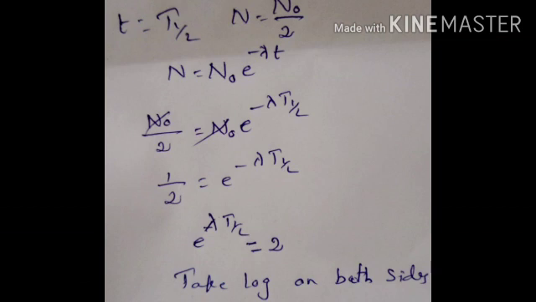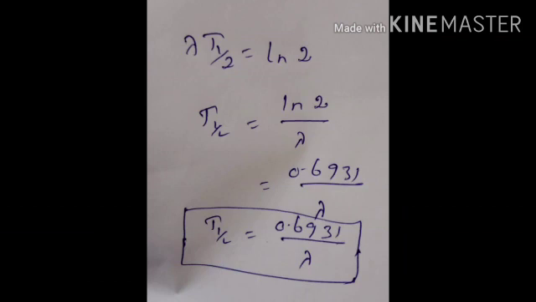Take reciprocal on both the sides. So e power lambda into t half is equal to 2. Now take log on both the sides. So lambda t half is equal to ln 2. So t half is equal to ln 2 by lambda. Ln 2 is nothing but 0.6931 by lambda.